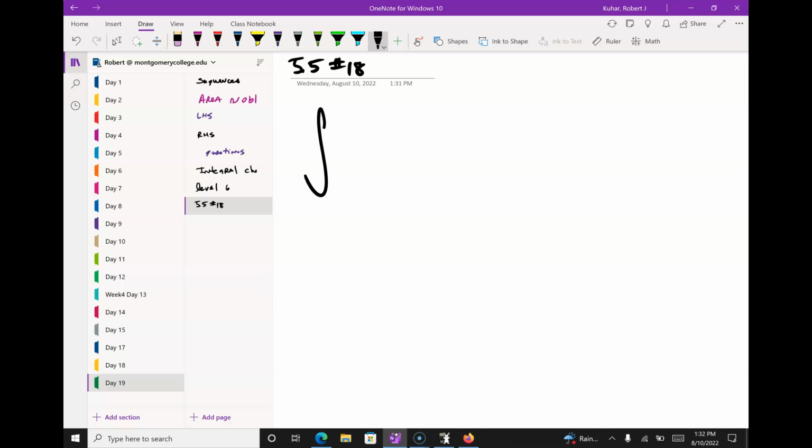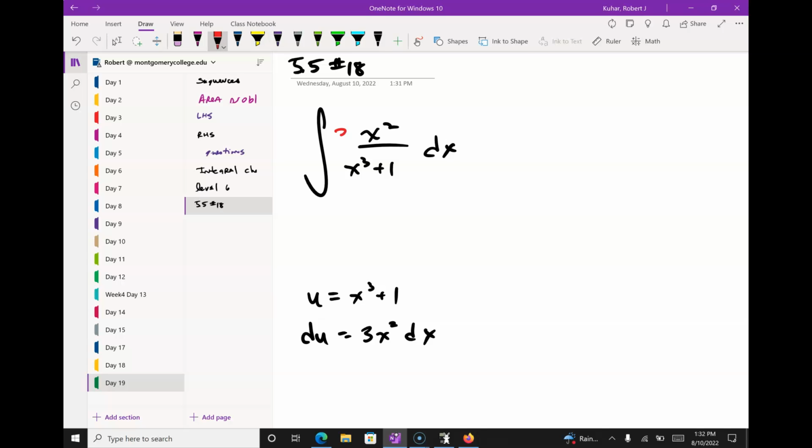The integral of x squared over x cubed plus 1 dx. Is there an inside here? Well, probably inside of the square function, but that's just x. That doesn't really seem like it's going to work, but definitely there's a clear downstairs, so let's try that. U is x cubed plus 1. Du is 3x squared dx. So I need a 3, and I need to cancel it with a 1/3.